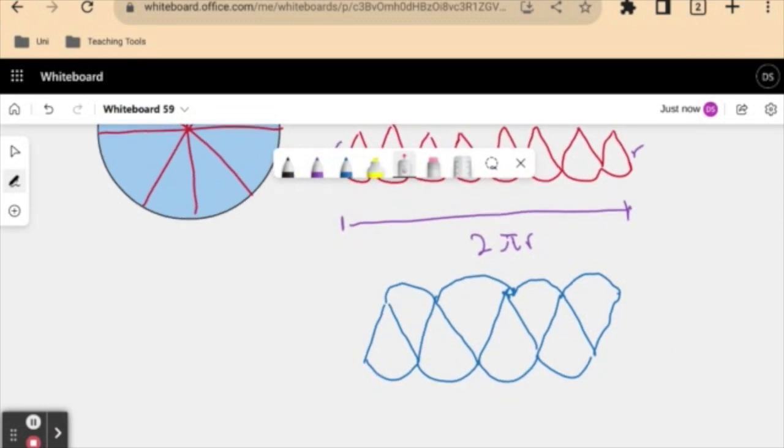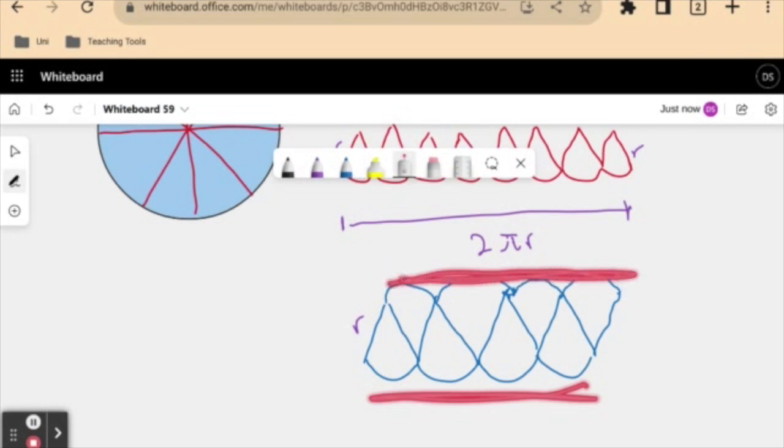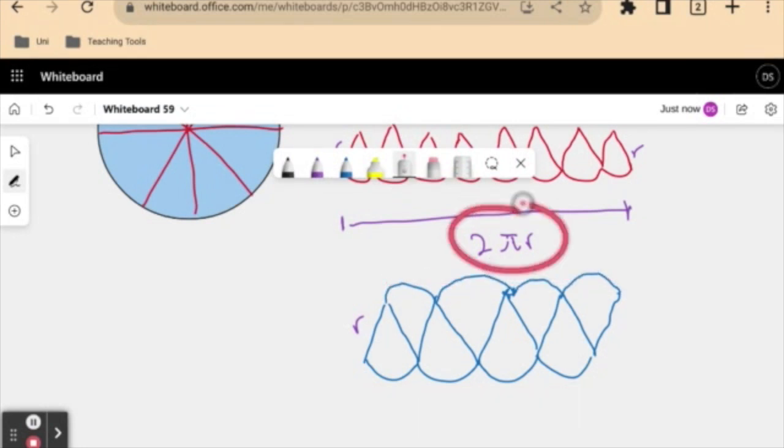Well, my radius is still the same. So from here to here, I have a radius of r. But this length here and this length here make up 2 pi r.